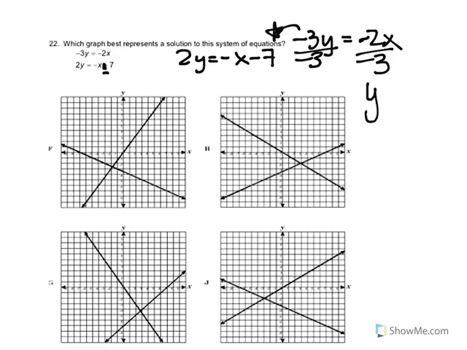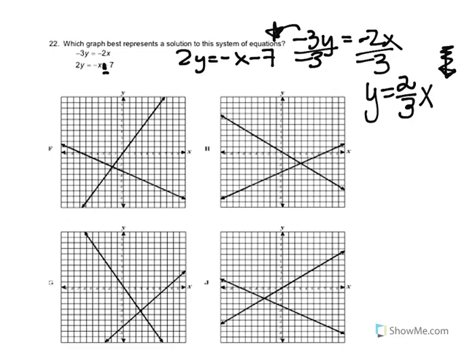So we get y equals 2/3 x, because a negative divided by a negative is positive. There's no plus or minus on the y-intercept, so that means it's going to go through the origin. So we want a line that has slope 2/3 and goes through the origin.